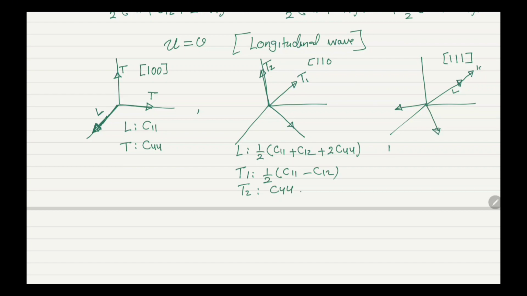The longitudinal in this case is related with 1/3 C11 plus 2 C12 plus 4 C44, and we actually have one transverse solution because this transverse is the same as this one here, and it's related with 1/3 C11 minus C12 plus C44.